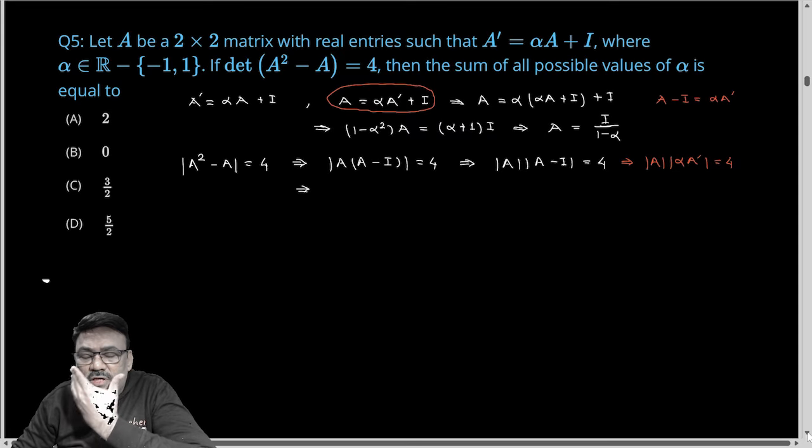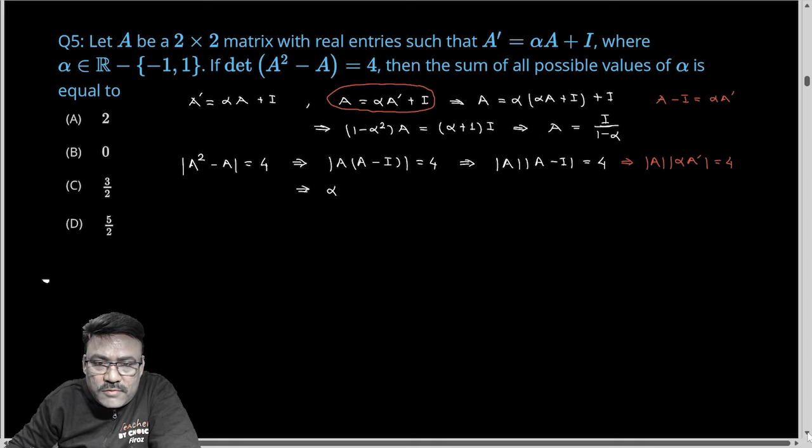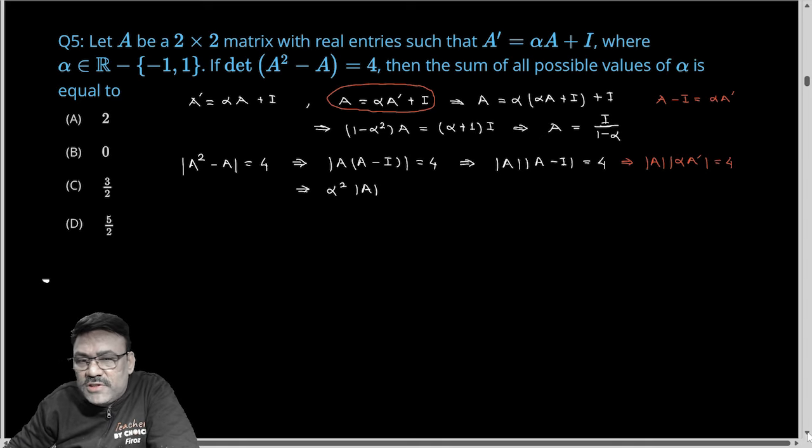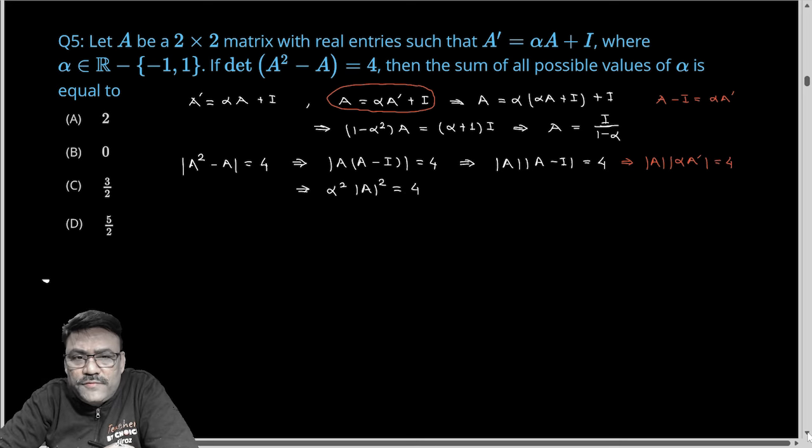Since A is actually a 2 by 2 matrix, the determinant of alpha A transpose will be alpha square times the determinant of A, and the determinant of A transpose is the same as the determinant of A. So it is the determinant of A whole square. So I am getting alpha square times (determinant of A) whole square equal to 4.